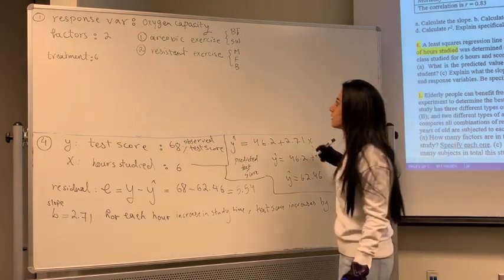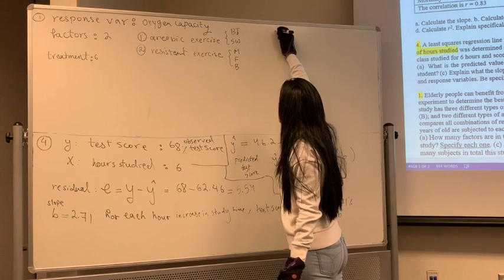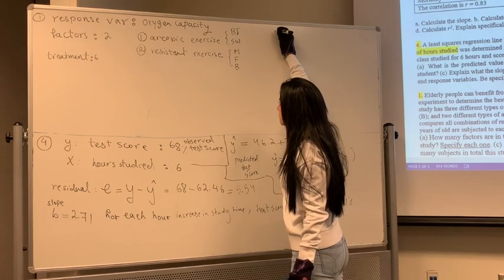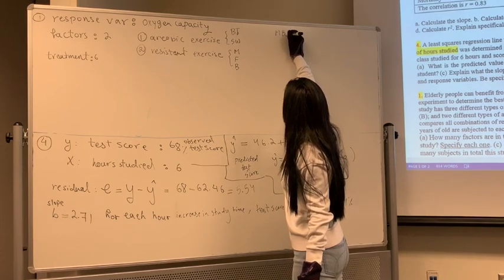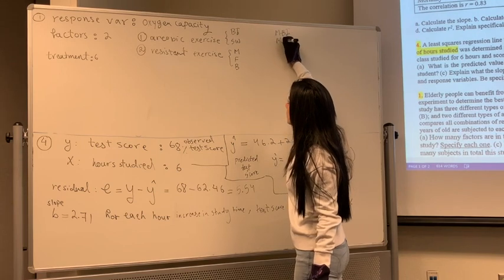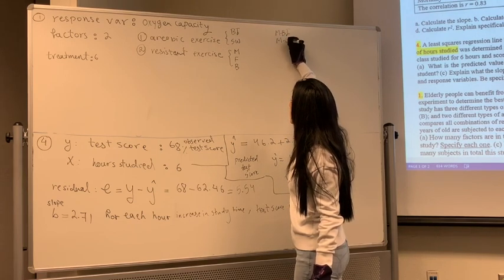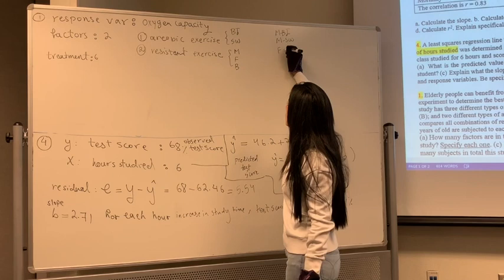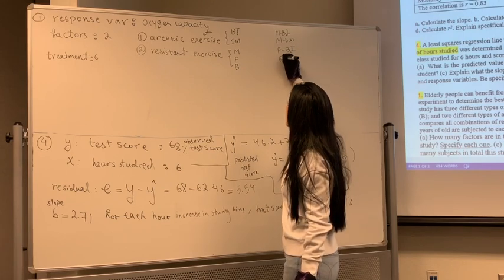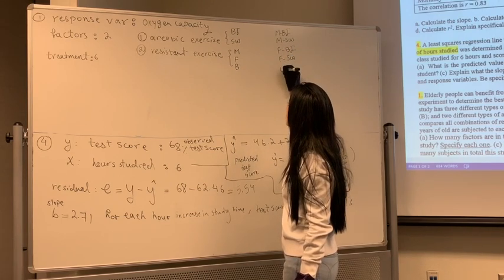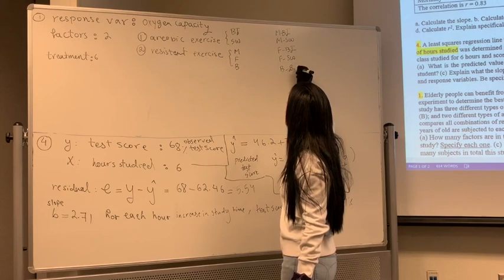So now we can write the combinations this way. M and BI, M with SW, F with BI, and F with SW, and B with BI, and B with SW.